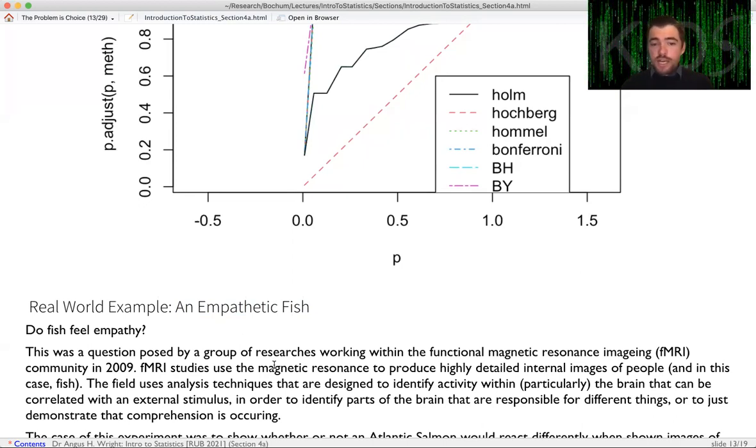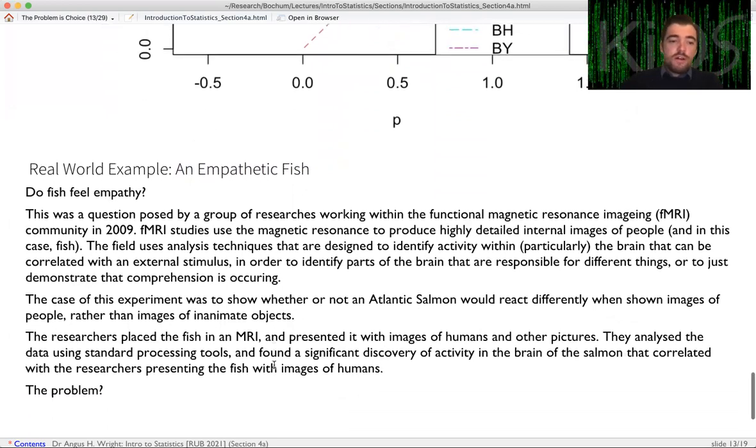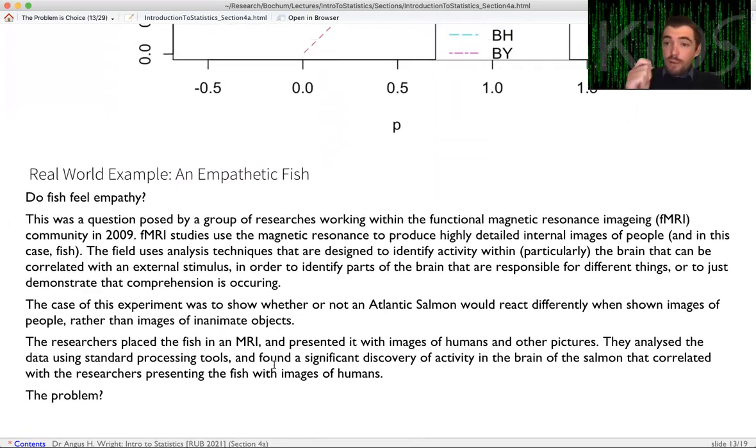While it was in the fMRI, they showed the salmon pictures of people and pictures of inanimate objects.